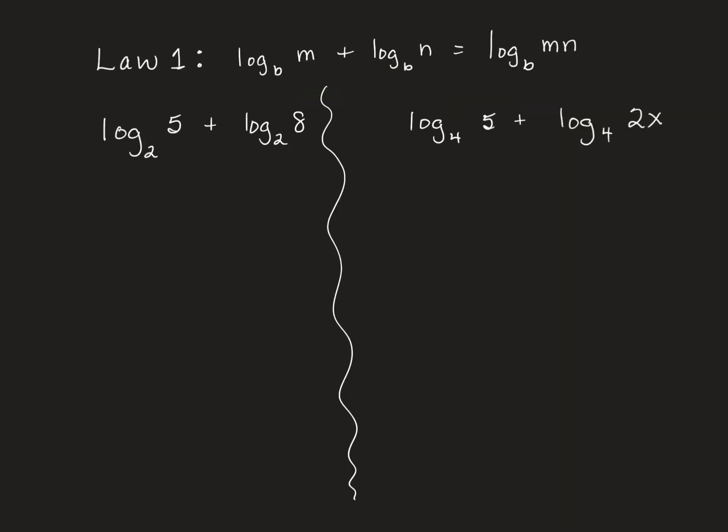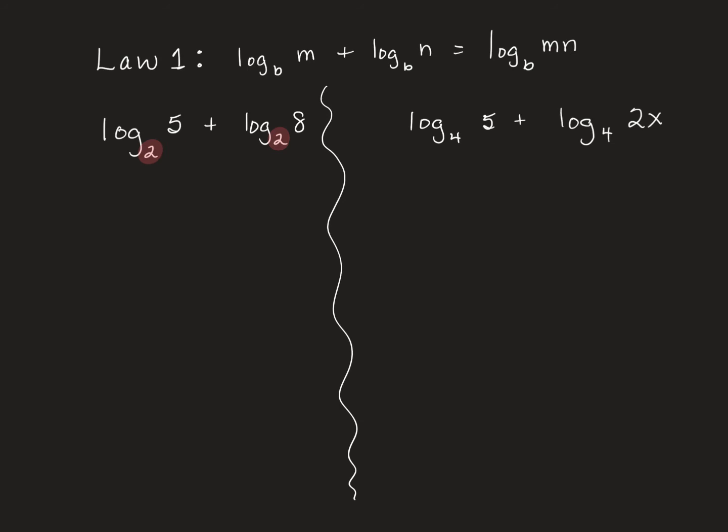All right, so the first law, again, adding means multiplying. Okay, so the first one states that I have log base 2 of 5 plus log base 2 of 8. First thing I'm going to look at is my bases are the same. Okay, so my bases are the same.